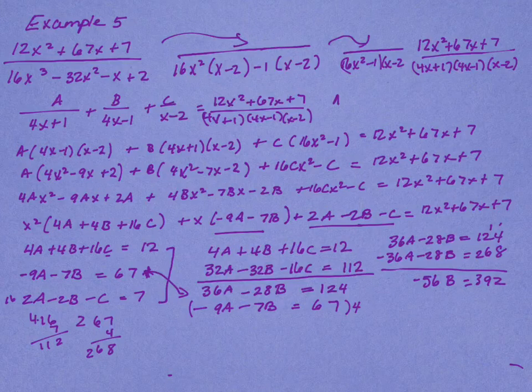Let's try 6 times what gives you a 2? 6 times 2, that wouldn't be right. But how about 6 times 6? That'd be 36, right? And that would be 33, that doesn't do it.